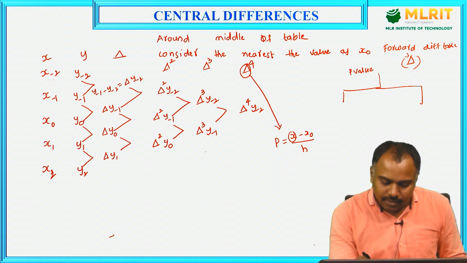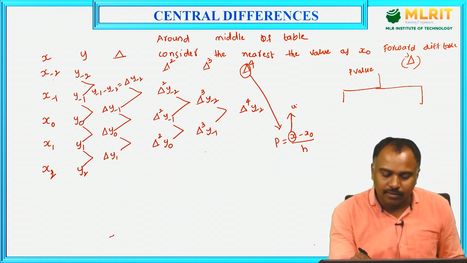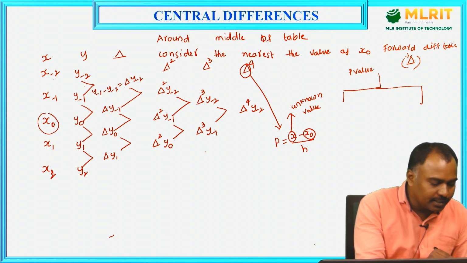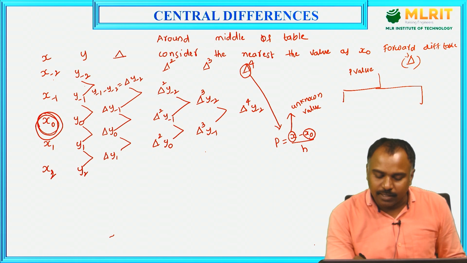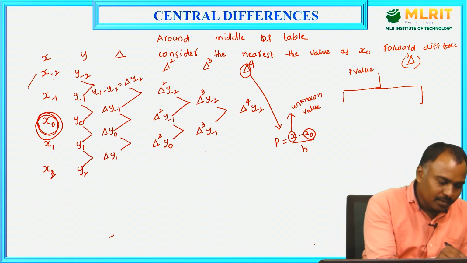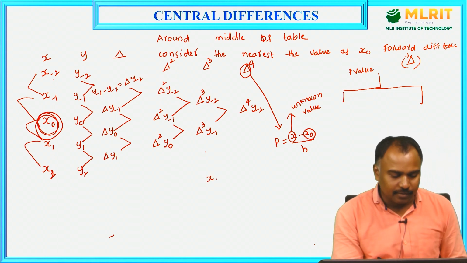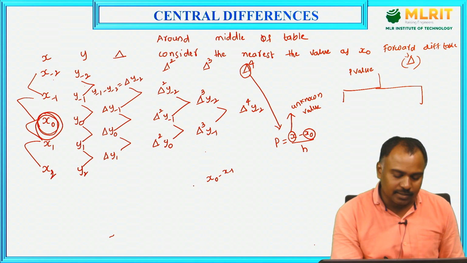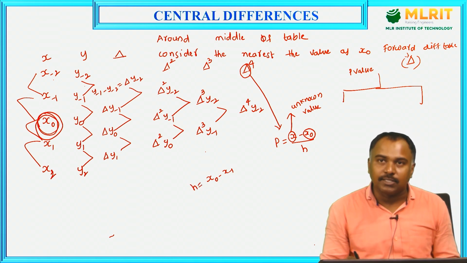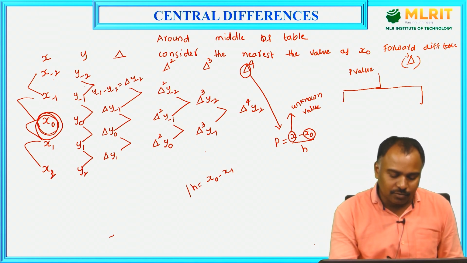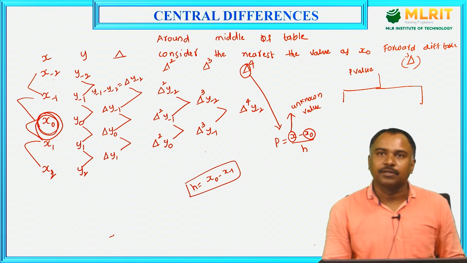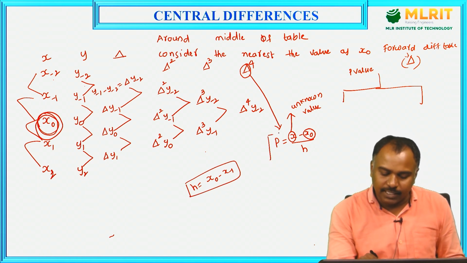This x is the unknown value we are finding. x naught is the nearest value in the table. And h is the interval length, the successive value difference of the x series, like x naught minus x minus 1. We can also simply call it the step size. So we need to find p.